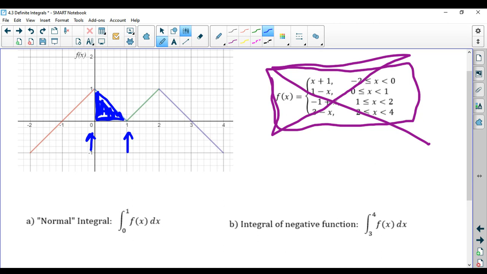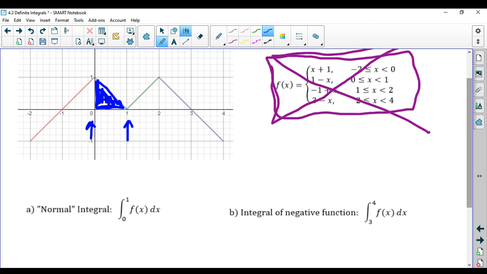And this is a triangle, so this is 1/2 base times height. So it's 1/2, base is 1, height is 1. So the integral is equal to 1/2. That's it. That's easy and should be. It's the normal integral.